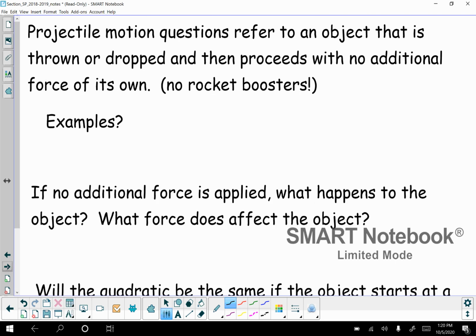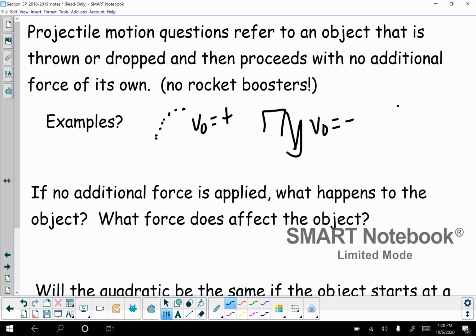So let's see if we can work through this. Throw and drop procedure. If you were to toss a ball into the air, you would have a positive initial velocity. If you were standing on top of a building and threw something downward, your initial velocity would be negative.